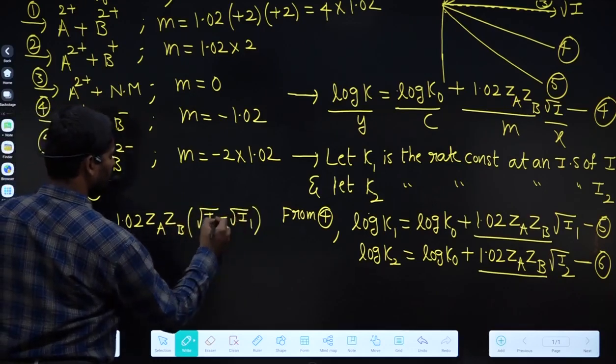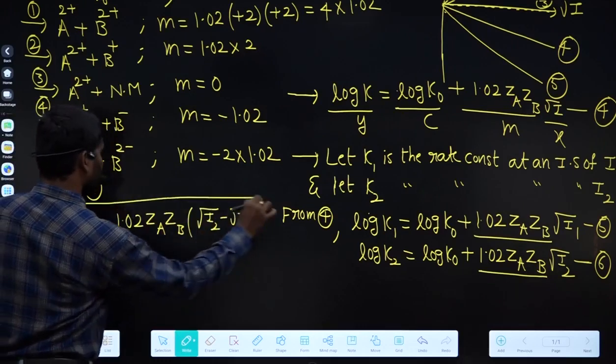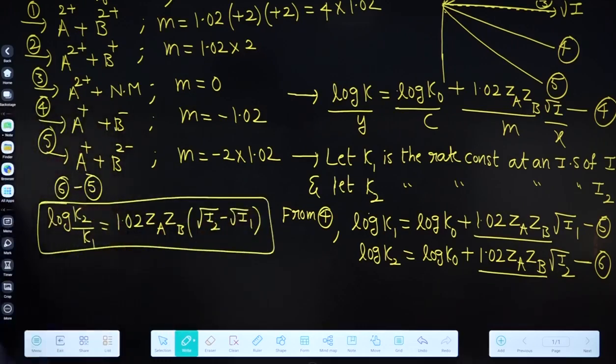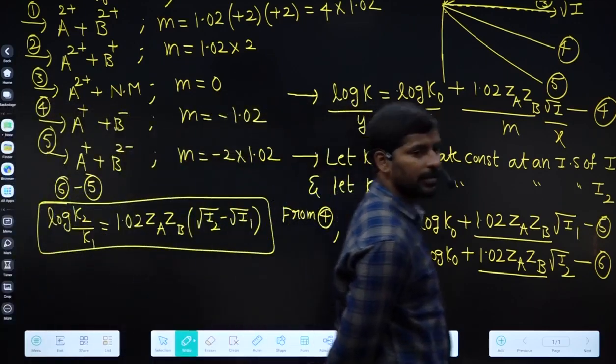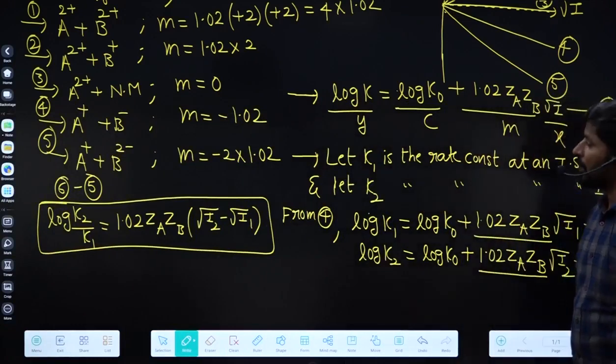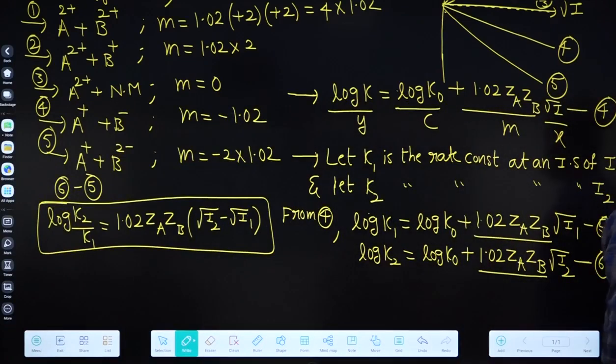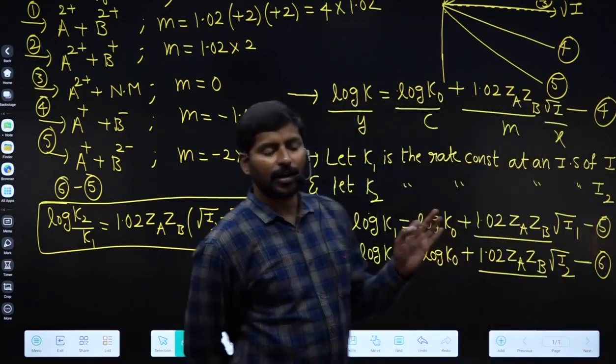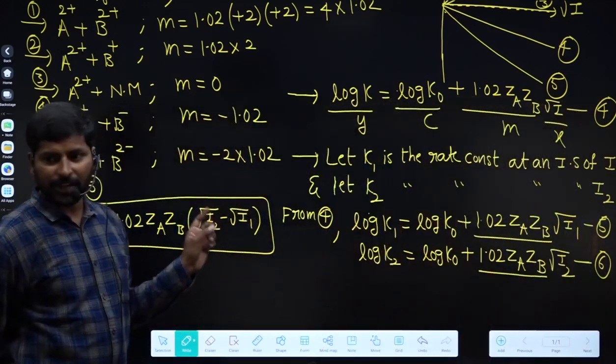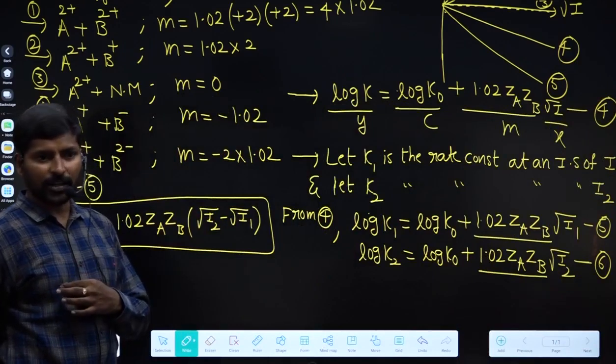Based on this, a question was given in CSIR for 4 marks: log K2 by K1 is equal to 1.02 ZA ZB times square root of I2 minus square root of I1. This is about the primary salt effect, the effect of charges on the rate of reaction.